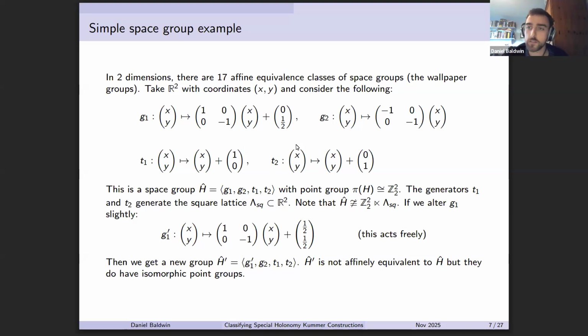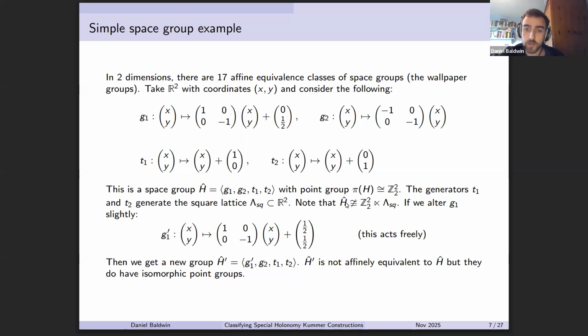The collection of these together generate a space group, which I'll call H hat. The point group, so the projection onto the rotational part, is isomorphic to Z2 squared. That's just the group generated by these two order 2 matrices. And then the generators T1 and T2 generate the square lattice inside R^2.